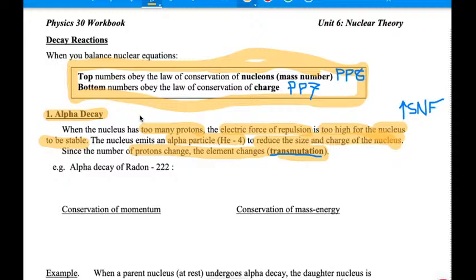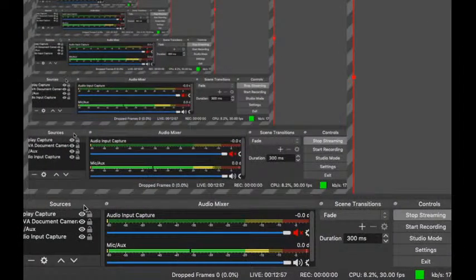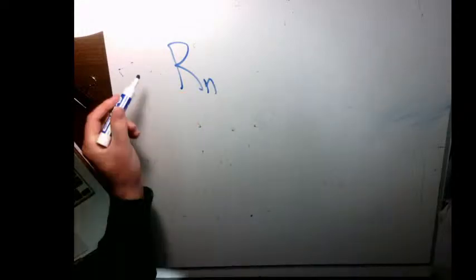So let's try this example. We've got radon 222. So we're going to write it in our nice standard atomic form. We got the number of total nucleons at 222.